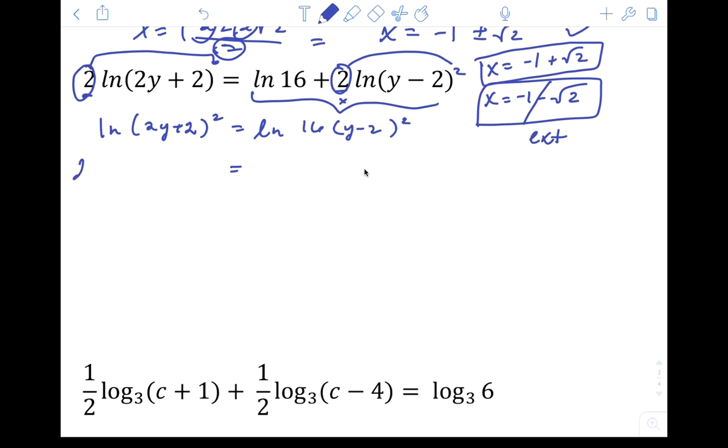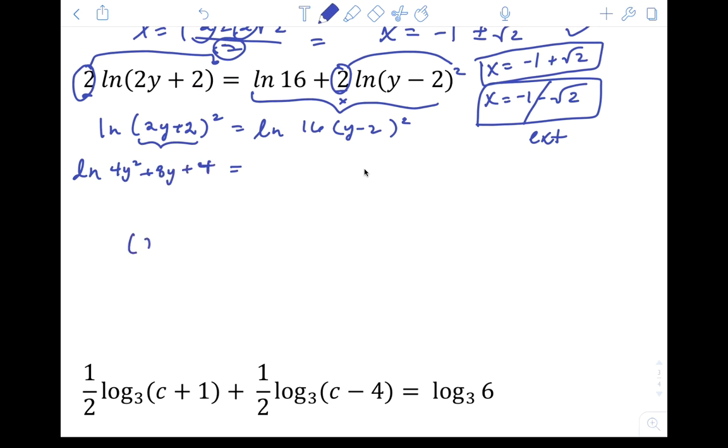You should be able to tell me that 2y plus 2 squared is writing it twice and FOILing would be 2y times 2y is 4y squared. 2y times 2 is 4y. The 2 and the 2y is another 4, making 8. And then 2 and 2 makes 4.